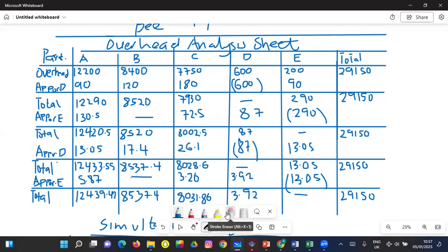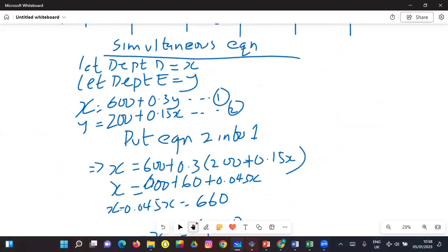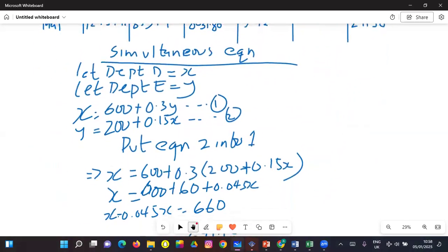All right, so now let's move on to the simultaneous equation. For the simultaneous equation, what we are going to do is that first, we let department D represent, let's say, X, and then department E represent Y, right? So let's come here and look at something.